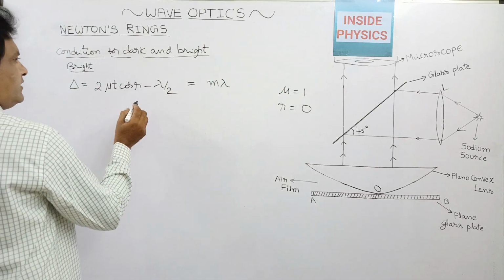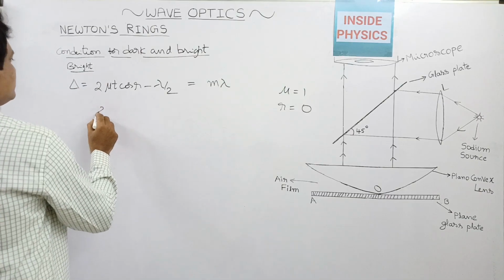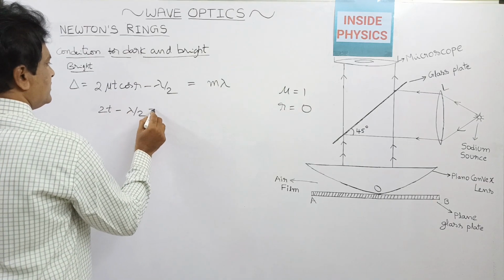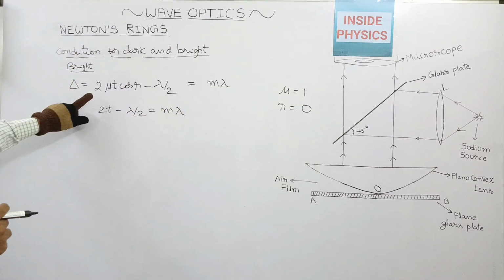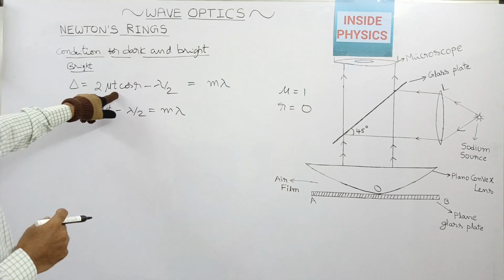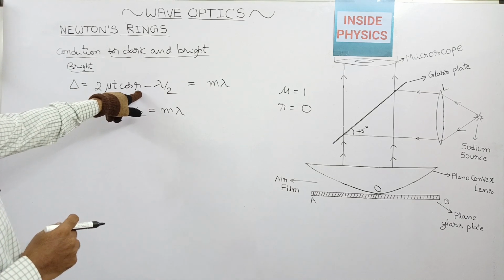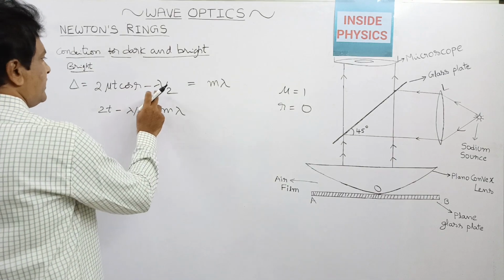So we can write this equation as 2t minus lambda by 2 is equal to m lambda. Mu becomes 1, t is the thickness of the air film, and r is 0 degrees, so cos r becomes 1, and minus lambda by 2.